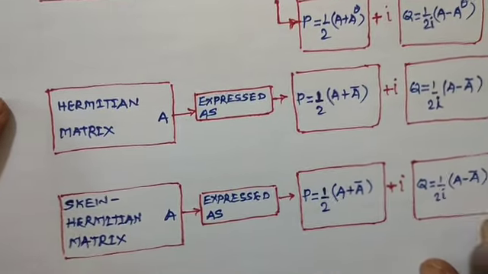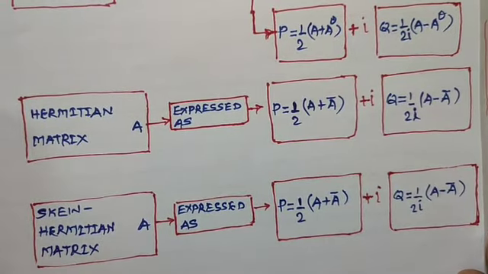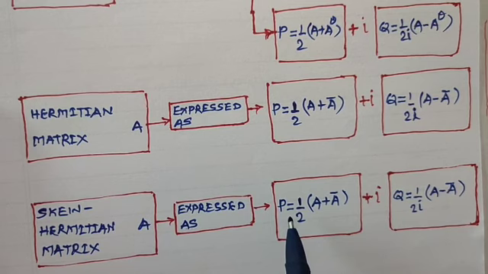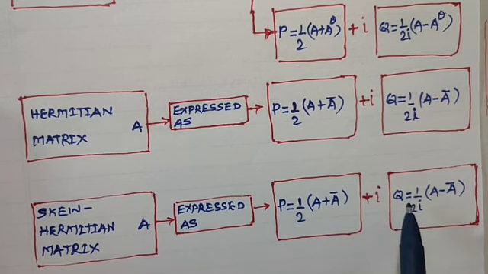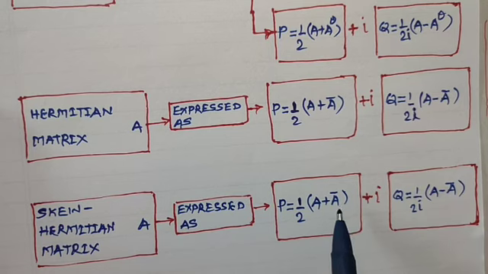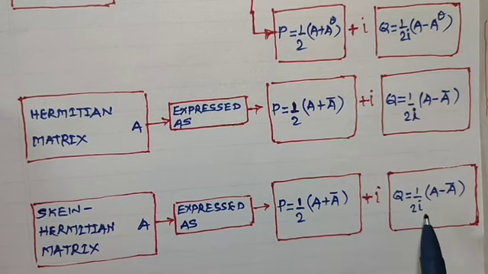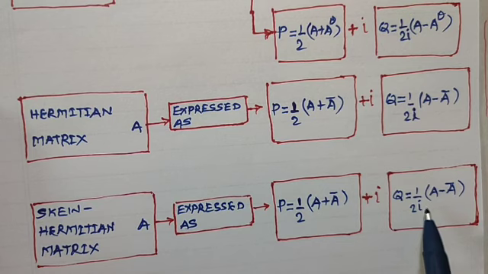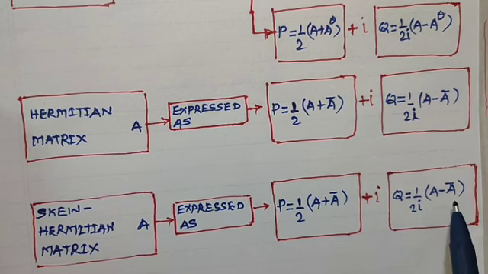Now, the last case, that is the fifth one, a skew Hermitian matrix A can be expressed as P plus I into Q, where P will be in the form of half of A plus A bar and Q will be in the form of 1 upon 2I times A minus A bar.